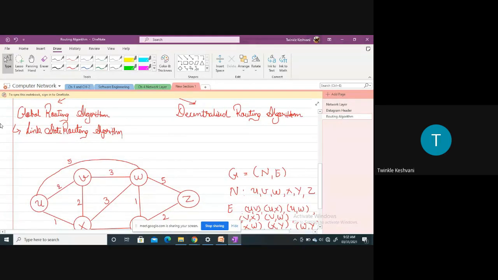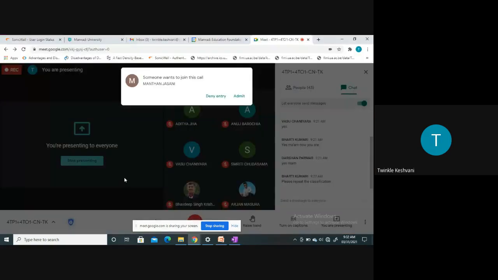If I consider U as a source point, then U has knowledge of just V, X and W, its neighboring nodes, which are directly connected to it. That routing algorithm is referred to as a decentralized routing algorithm.